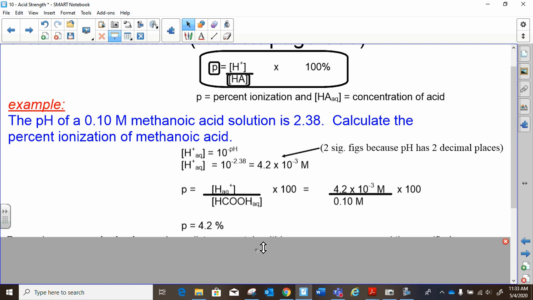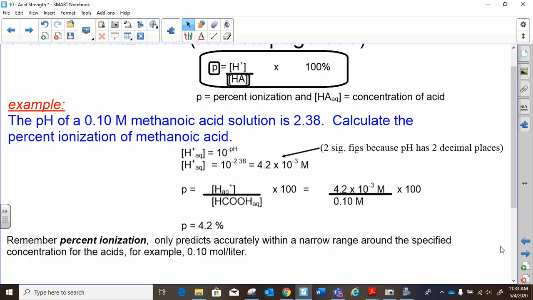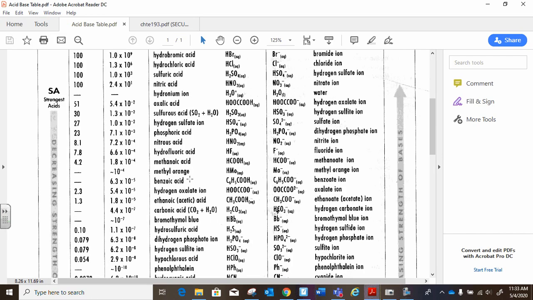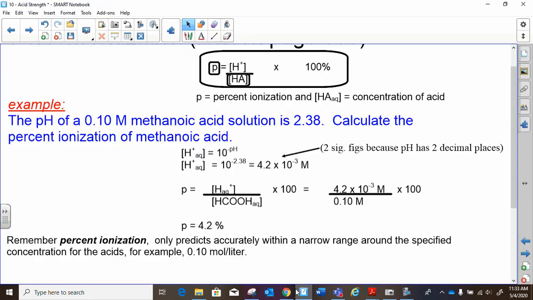Once I have my H plus, I can plug it in. So my H plus divided by my concentration of acid, and that gives me my percent ionization of 4.2. And if I wanted to triple check, I can look at my acid-base table, and sure enough, for methanoic acid, it should be about 4.2% ionized. So not a very strong acid at all.